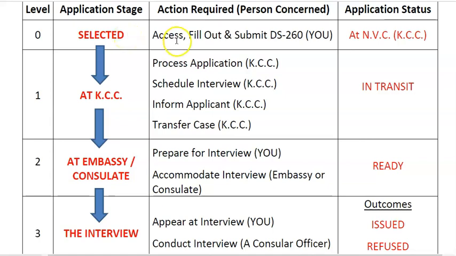Once you have realized that you were selected in the diversity visa program, the action that is required of you is to go online to the official CEAC website, where you will access, fill out, and eventually submit your DS-260. Now, the DS-260 is an online form that is found on that website, and it constitutes your official application to the United States government for a diversity visa.